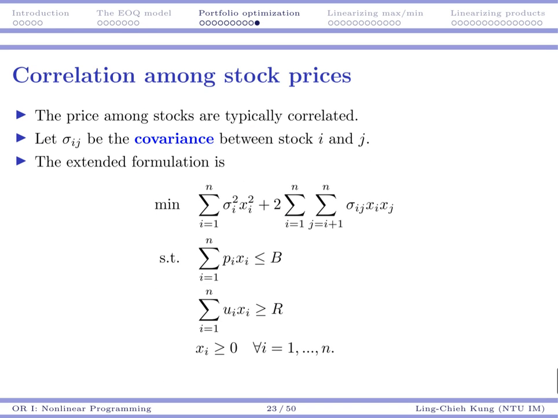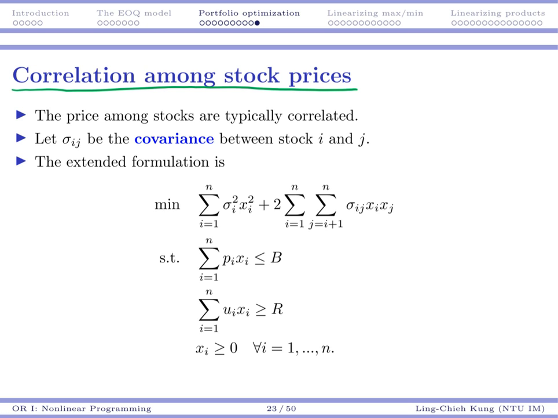So in practice, actually people do something more. People understand that there are correlations among stock prices. What does that mean? If you take a look at the stock market, in many cases, different companies' stocks go up or go down at the same time.